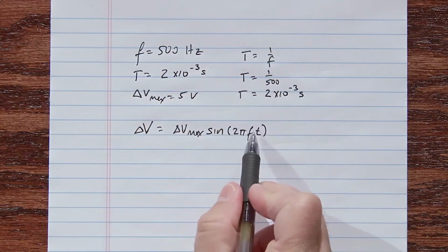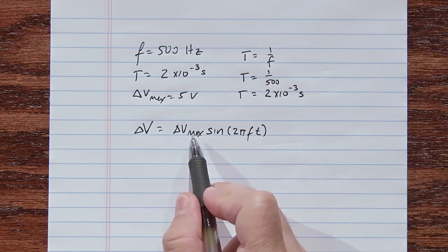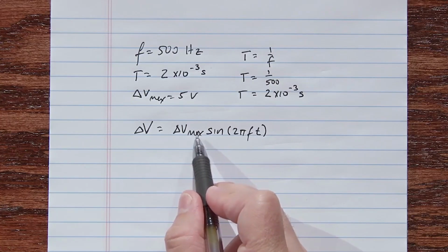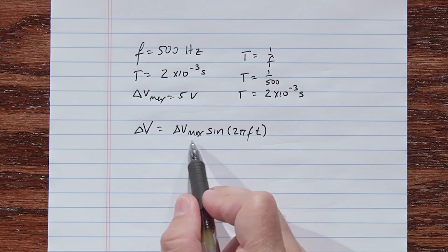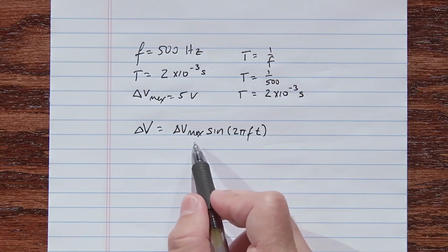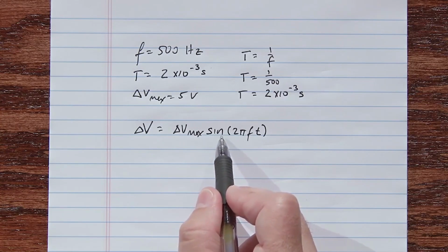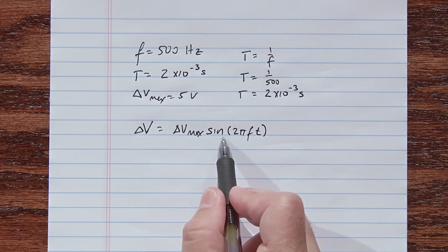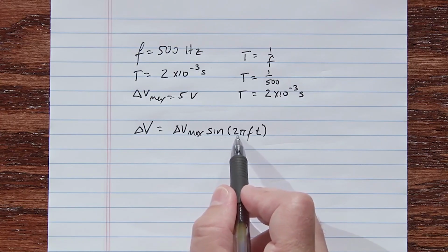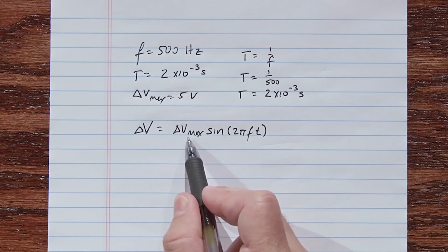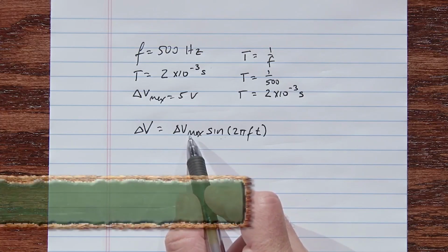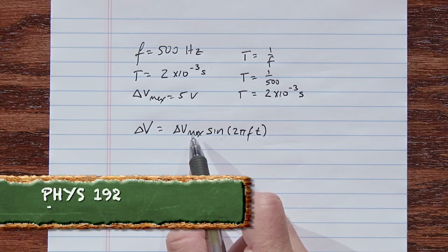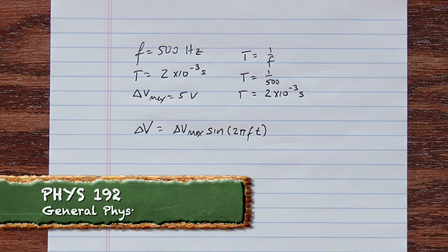So the maximum that the sine wave can be is +1. So the maximum that the voltage can be is delta V max times +1. So delta V max is the maximum voltage. 180 degrees later in the oscillation, we would have the minimum where sine is equal to -1, so delta V would be equal to -5 volts. So delta V oscillates between +5 and -5 volts, as we saw in the diagram.